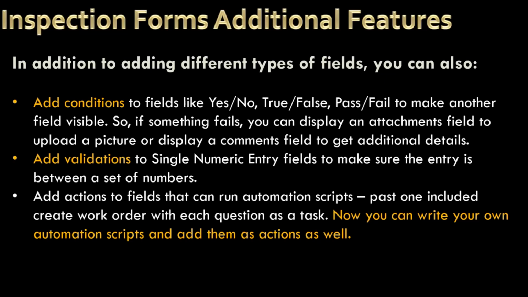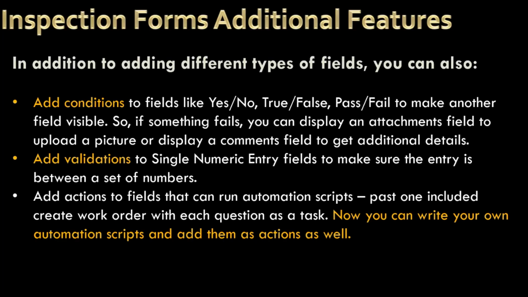Now, in addition to that one, all sorts of automation scripts can be used. So for example, one of the most popular automation scripts, a lot of them are out on IBM's website. You can just copy and paste them and put them into your system, is that when you complete the inspection form, it can also go back and move your work order to a COMP status, because that does not automatically happen right now.